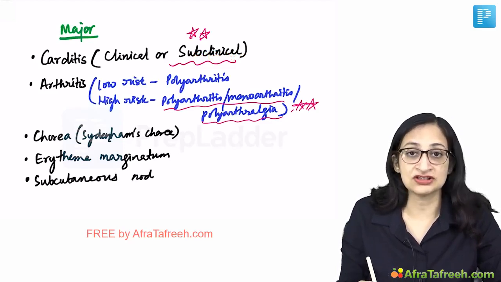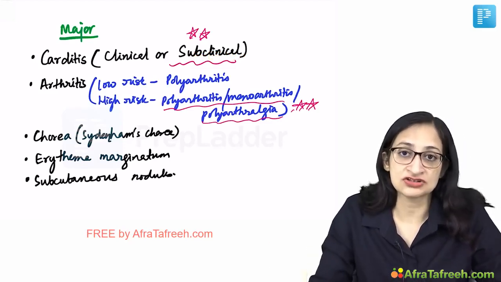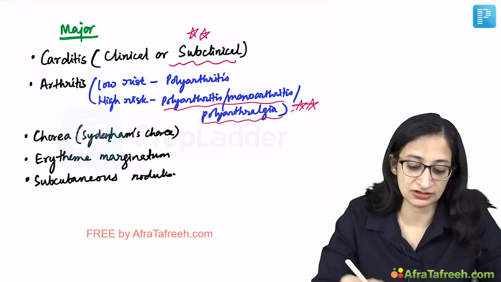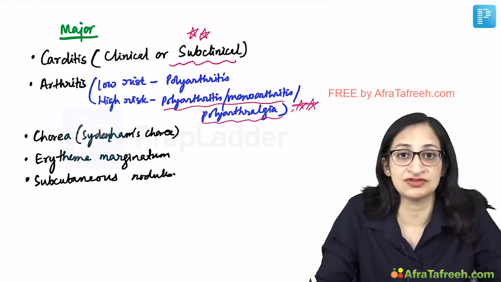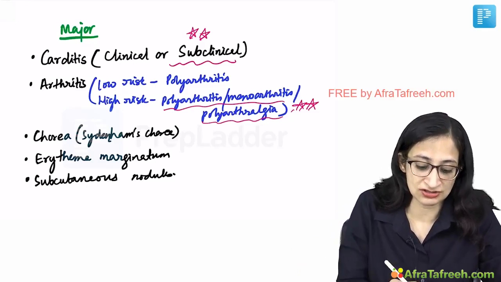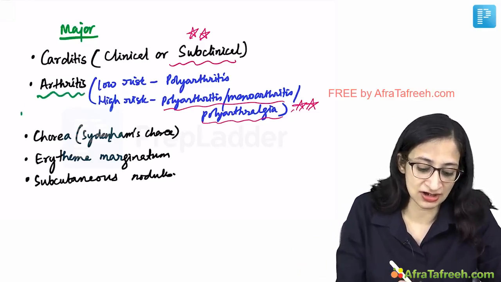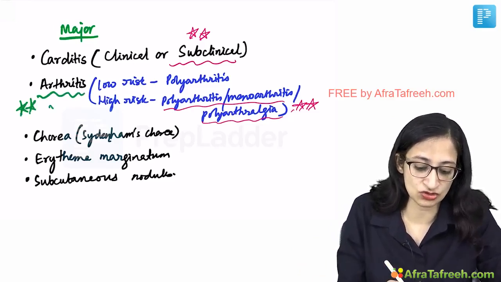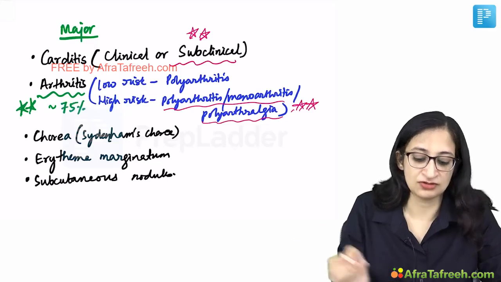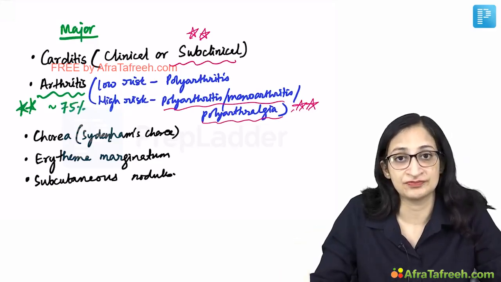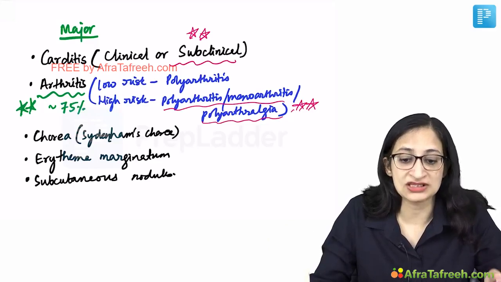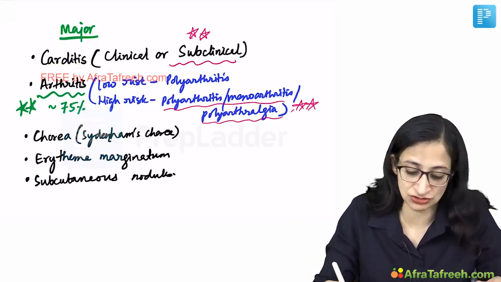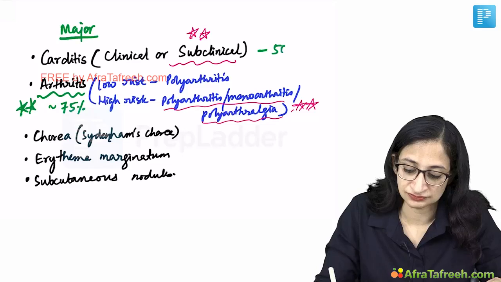Okay, subcutaneous nodules. Now, if someone asks you which is the most common clinical feature of acute rheumatic fever, then your answer is arthritis. Arthritis is the most common, seen in almost 75% of patients affected with rheumatic fever. The next common one is carditis, which is seen in 50 to 60% cases.